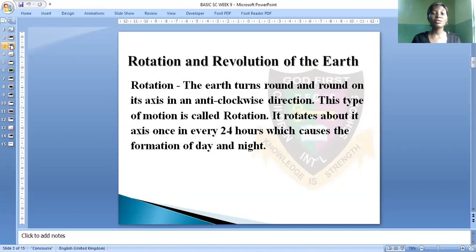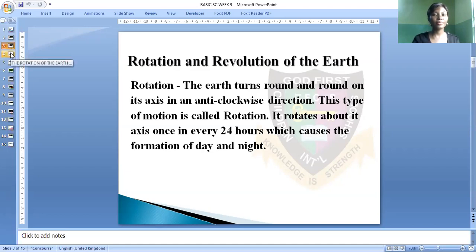This type of motion is called rotation. The Earth rotates about its axis once in every 24 hours, and this rotation causes the formation of day and night.